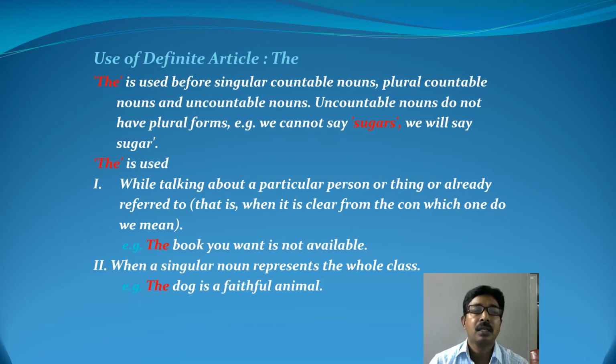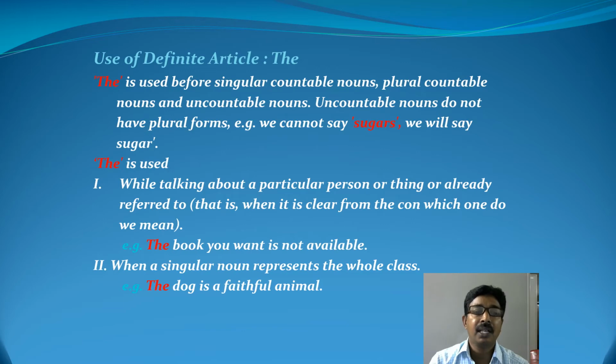Now let us see the use of the definite article the. The is used before singular countable nouns, plural countable nouns, and uncountable nouns. Uncountable nouns do not have plural forms. Example, we cannot say sugars, but we say sugar.